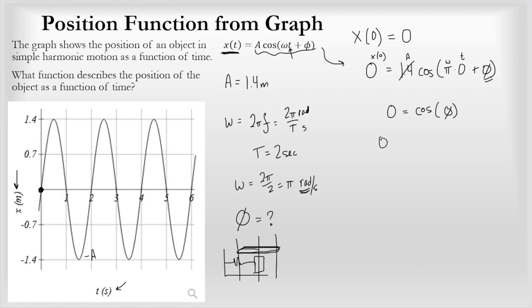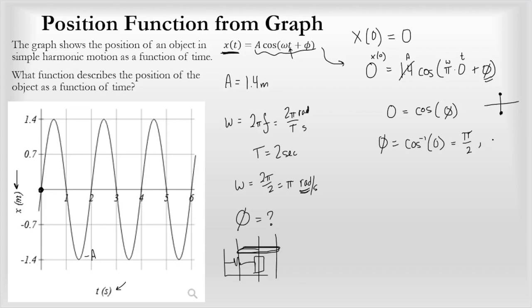Well, I can do this. Phi will equal the inverse cosine of 0, the arc cosine of 0. And I know there are two answers in 360 degrees. Of course, there's going to be positive 90 degrees, when I look at the unit circle. I'm going to have no x component here, and no x component here.